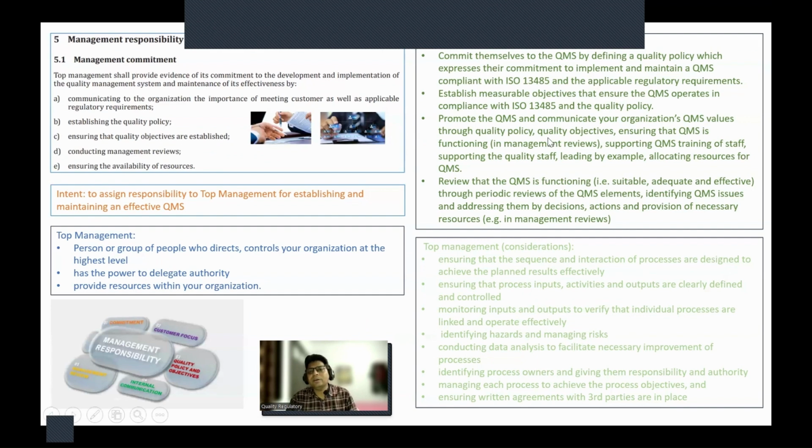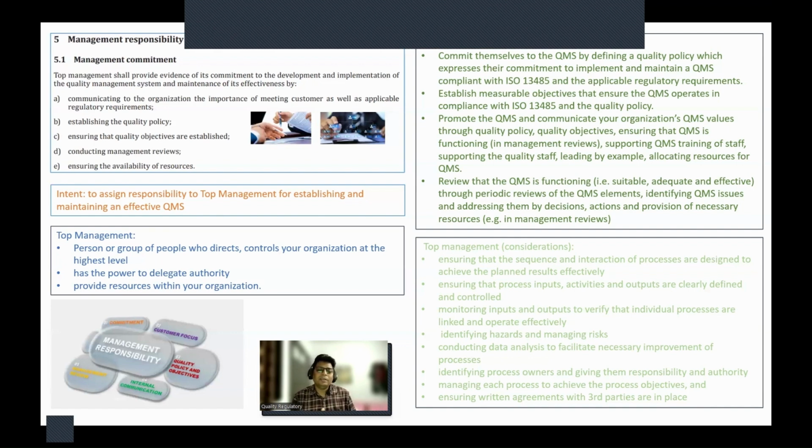So what is the requirement? Commit themselves to the QMS by defining a quality policy which expresses their commitment to implement and maintain the QMS, compliant with the ISO standard and applicable regulatory requirements. Why applicable regulatory requirements?